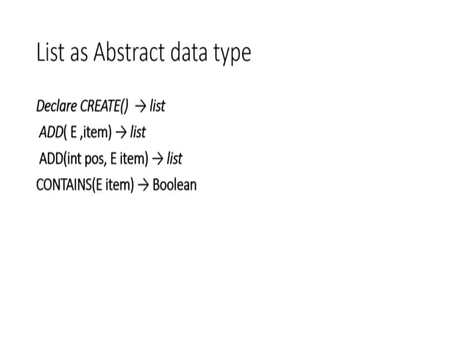Now contains means we are searching for an element, whether that element is present in that list or not. The next function is size, which returns the size of the list, meaning the number of elements in that list. Is empty returns a boolean value, true or false, whether the list is empty or not.